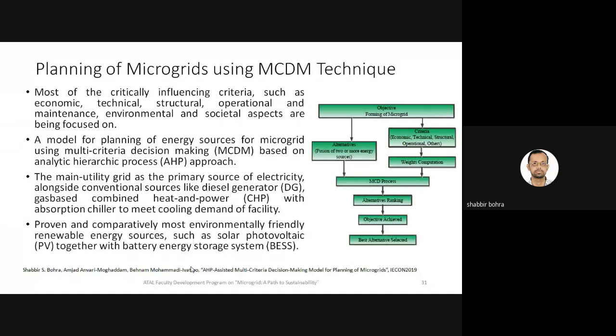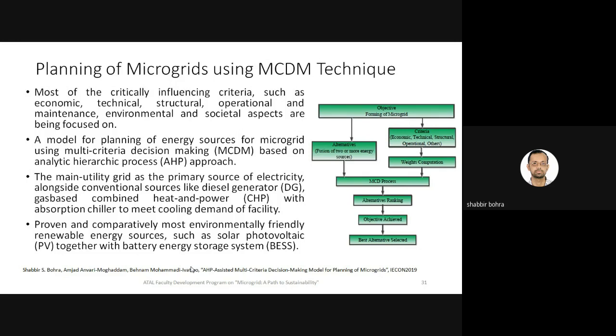Till now we have discussed the different aspects of the microgrid: the features, advantages, disadvantages, and the control strategy. But initially, when we want to establish a microgrid, what factors should we look into? That is also very important. You cannot go for any number of sources.